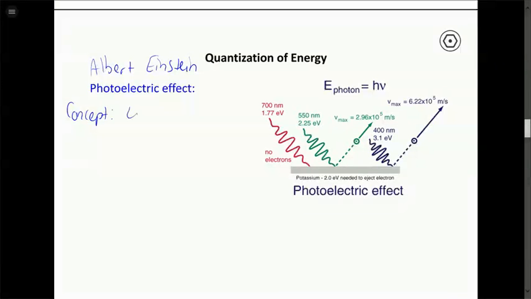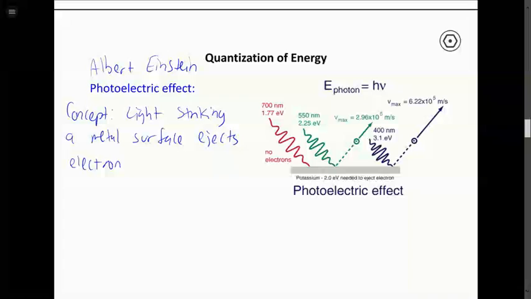So you shine light on a metal surface, and it ejects electrons from the surface. Alright, so again, this was a common observation, but the problem is when people started looking at this in more detail, some things didn't quite fit what they would have expected.